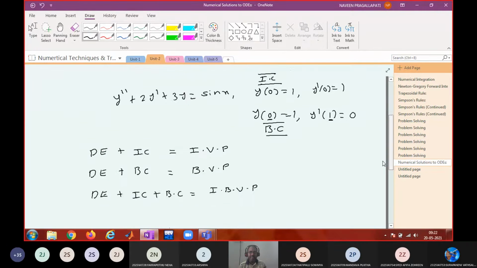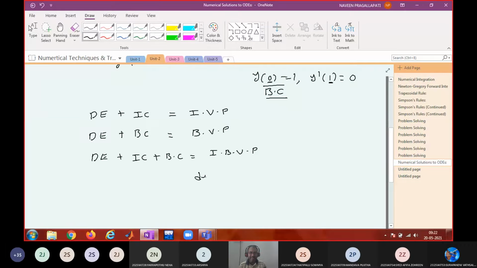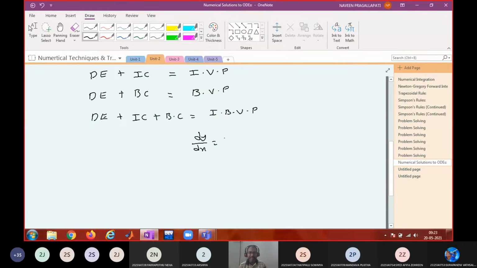Something like, let us say dy by dx equal to x by y, or y by x, with the condition that y of 0 equal to 1. If I give the condition like this, then when you separate the variables, 1 by y dy is equal to 1 by x dx.